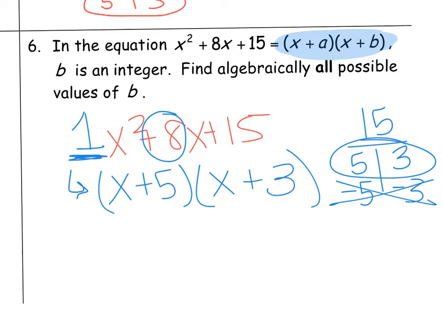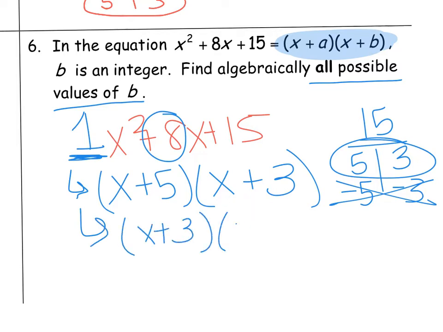Now, be careful here because you're not done. It says find all possible values of b. A few of you have mentioned in class, can I rewrite this as x plus 3 and x plus 5? Yes. If you notice the order here, you have x plus a and x plus b, and I want to know possible values of b.